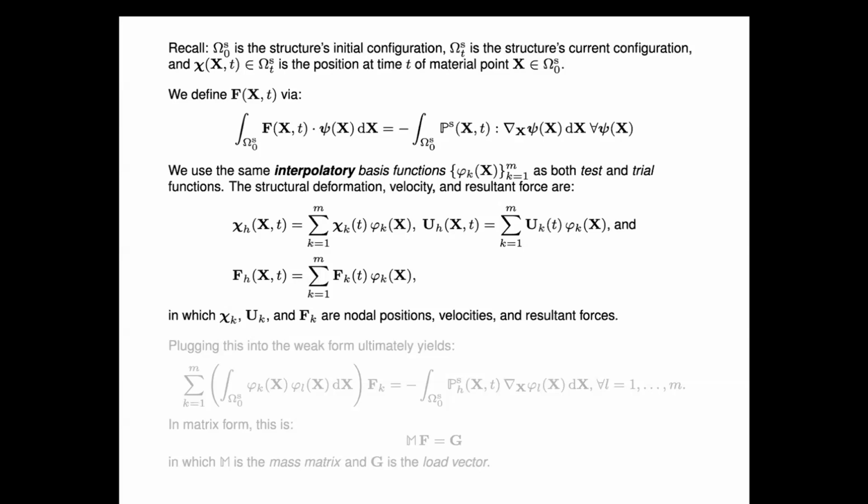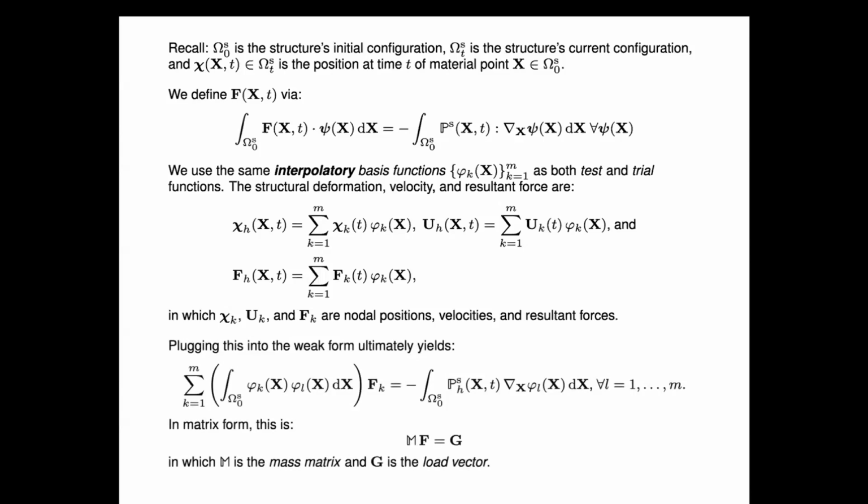And then we're going to do the same thing for the velocity of the structure and for the Lagrangian forces that are generated by the solid mechanics model. If you take these expressions and plug them directly into this weak form, and rearrange things a little bit, what you wind up with on the left-hand side is integrals of products of the individual basis functions. This is the well-known mass matrix that, if you've done finite element work, you most surely ran into.